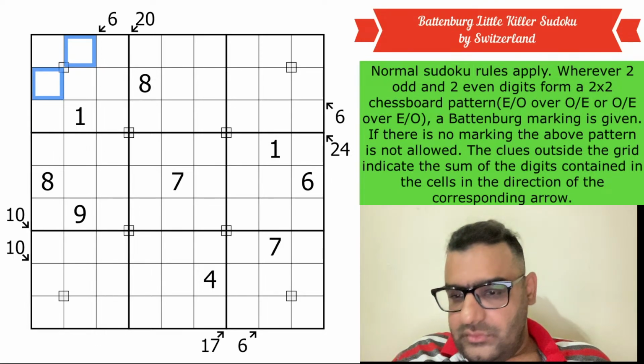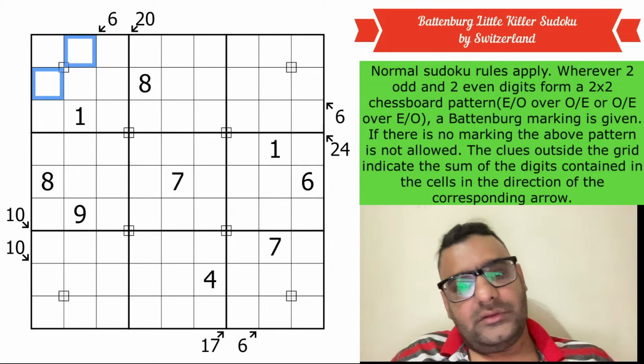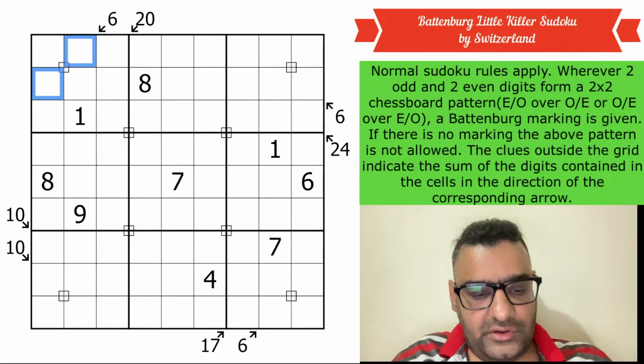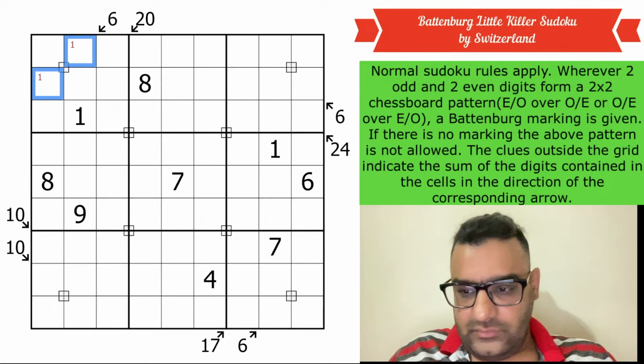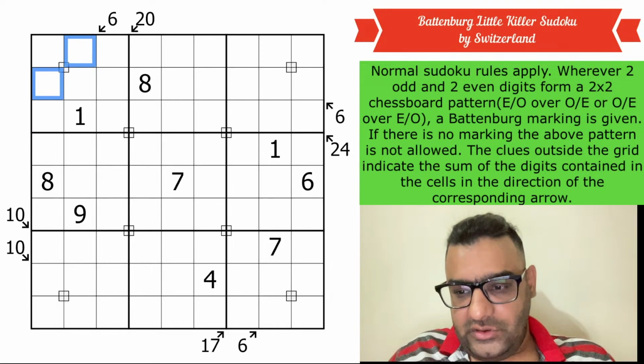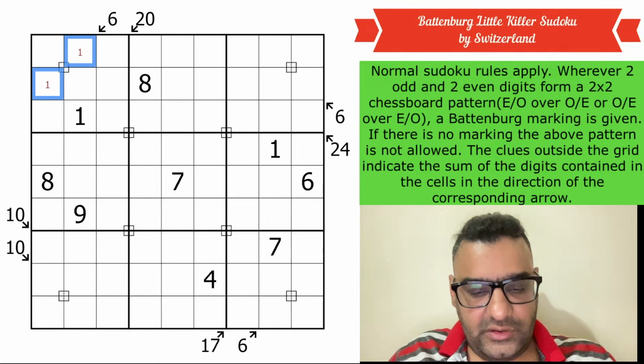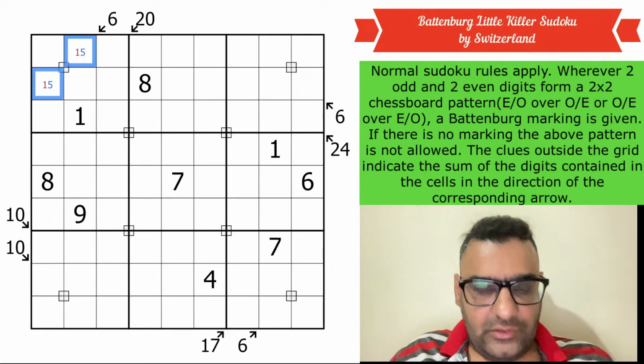So what could be the pattern that if we add them? So it could be 1. Sorry, I have to write. It could be 1, it could be 5. I mean 1 plus 5 is equal to 6.